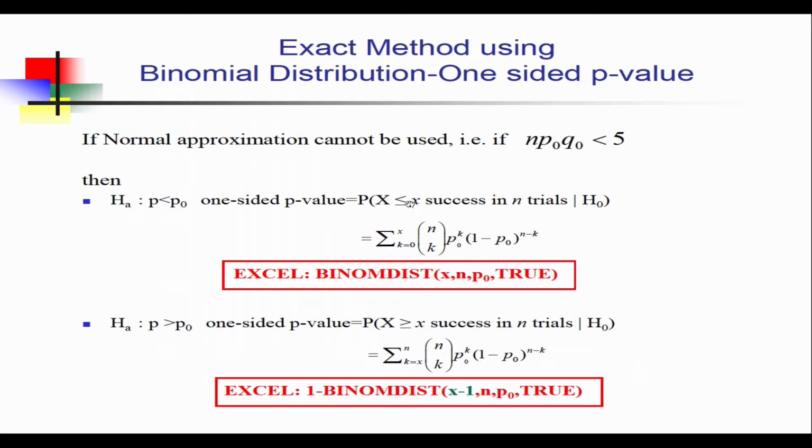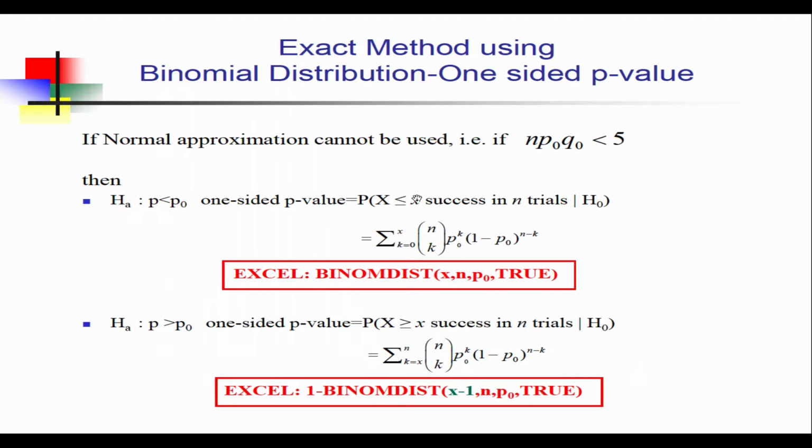That is the probability of X less than or equal to small x in those n trials, given the null hypothesis is true. This less-than-or-equal direction is determined by your alternative hypothesis. You believe this proportion is less than p0, so the extreme points occur on the lower tail.